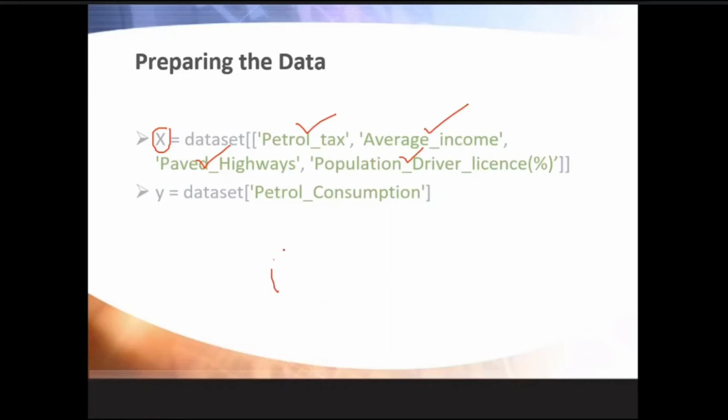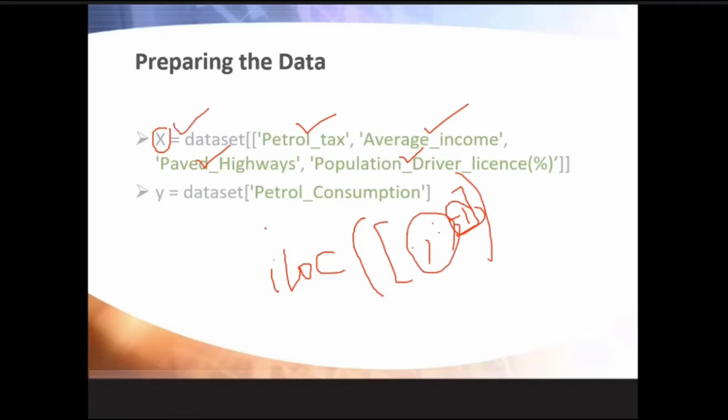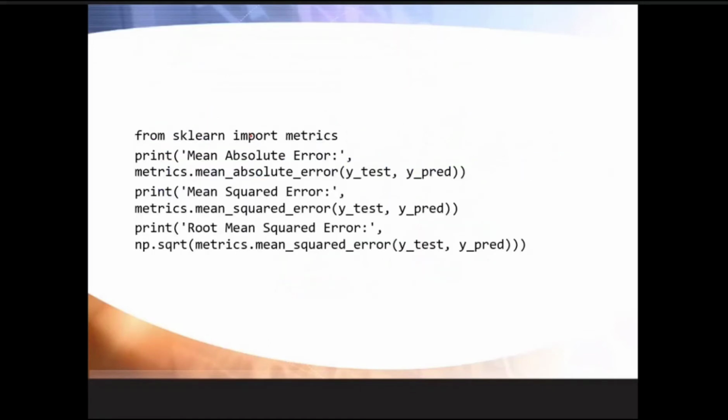Otherwise, you can use iloc, the index location, of square bracket colon comma colon -1. So except the last column, all other columns are taken as X. You can use either one: dataset.iloc or dataset of column names. Please see here.